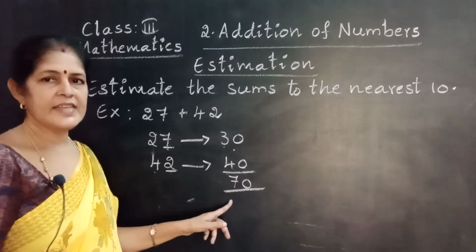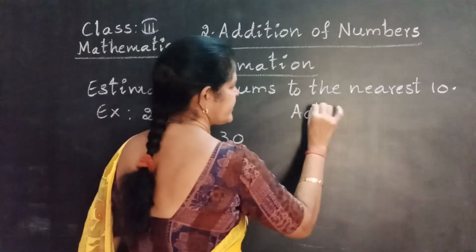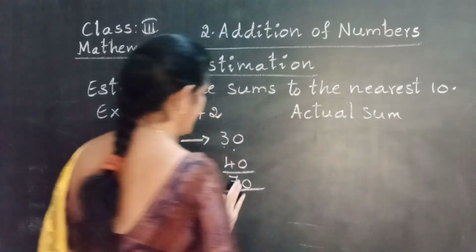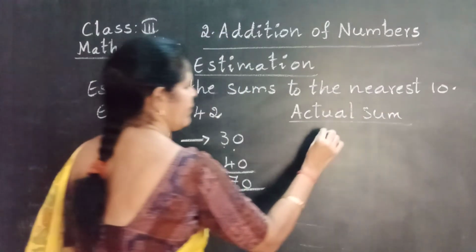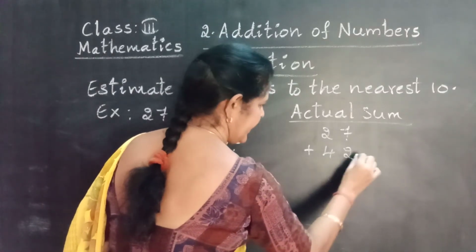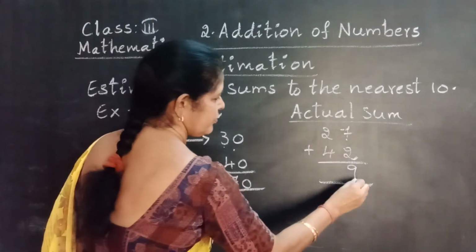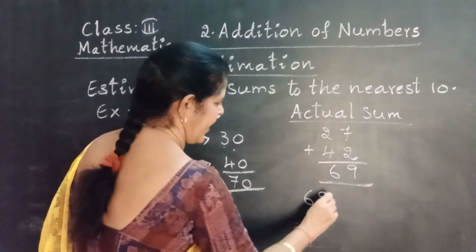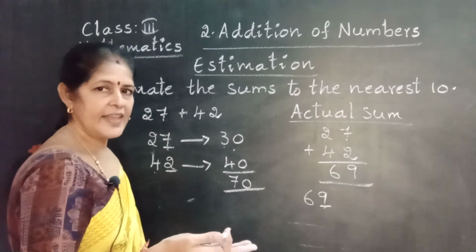Actual value. This is the estimated sum. Now we are going to find the actual sum. Write the given numbers: 27 plus 42. 7 plus 2, 9. 2 plus 4, 6. We get 69. What is in the ones place? 9. 9 is greater than 5.